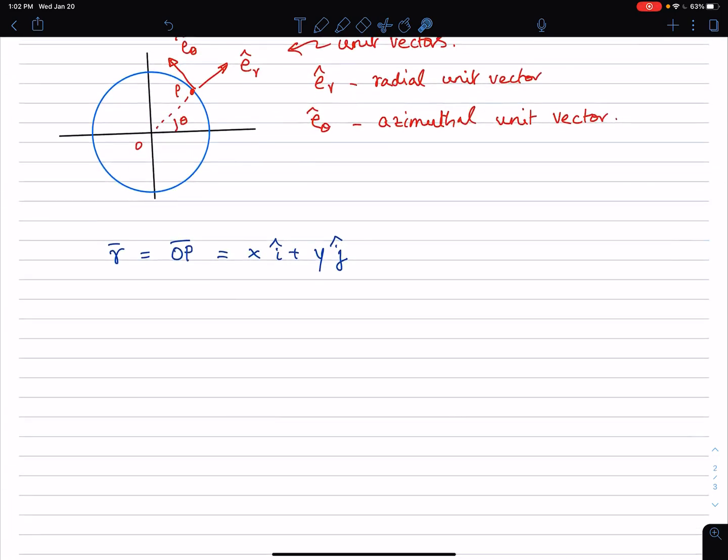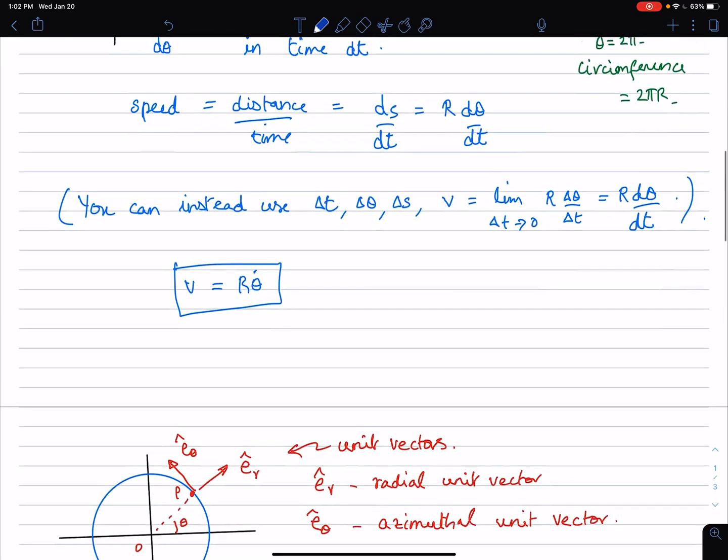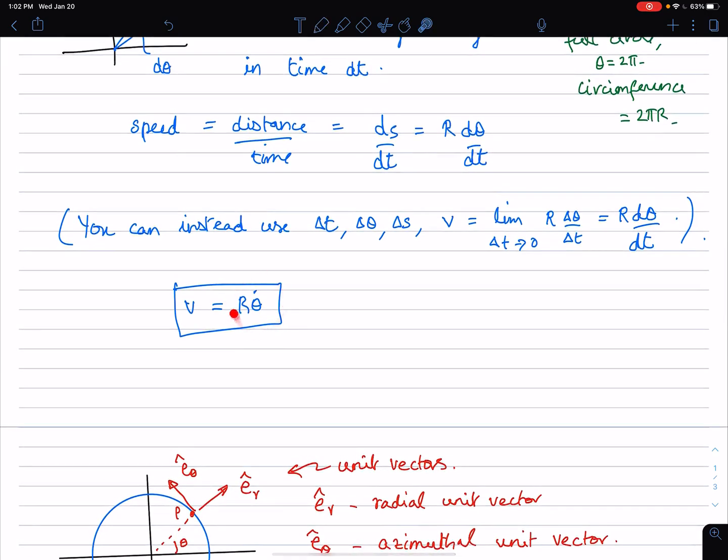Okay, so the point P is basically equal to r e r. It's r, that's the length of this vector OP, and then the direction of the vector is e r.